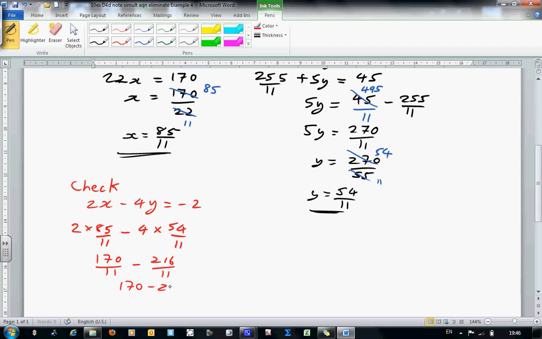That looks like negative 46, which is definitely not negative 2. So this is false. So I've done something wrong somewhere.